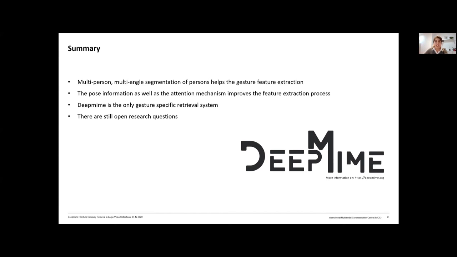This might come across as a little weird because it's such an important topic, but Deepmime is the only gesture-specific retrieval system out there. There is not enough study on this topic, and it needs more attention. There are a lot of open questions, and a lot of research still needs to be done.